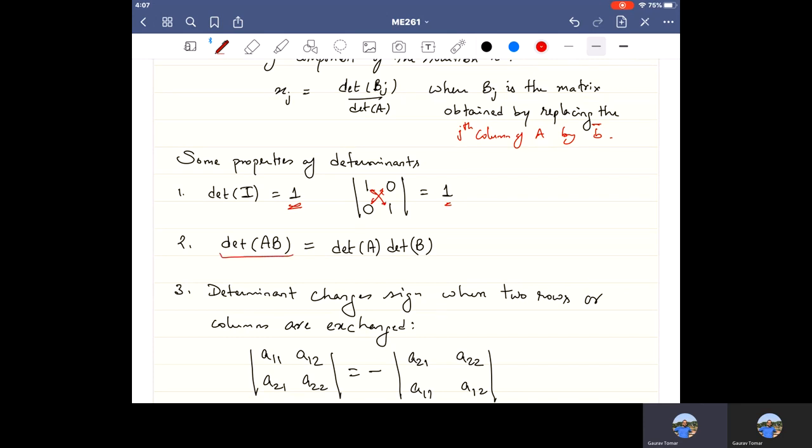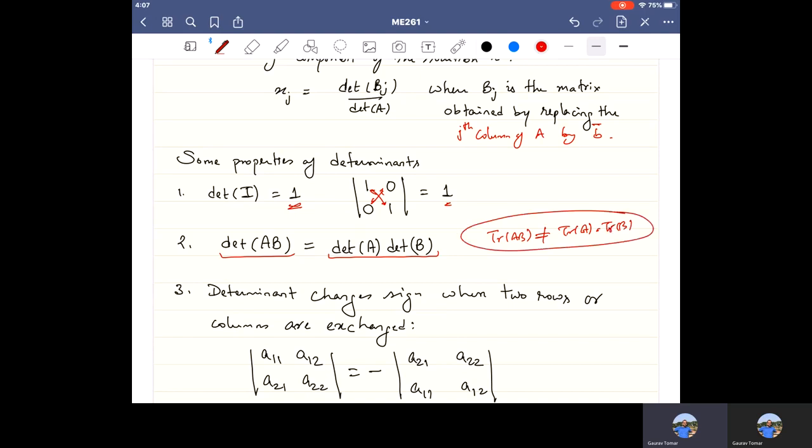The determinant of a product of matrices is given by the determinant of A into the determinant of B. Okay? Just like trace of AB is trace of BA. But you can note that trace of AB is not equal to trace of A into trace of B. That is not true.